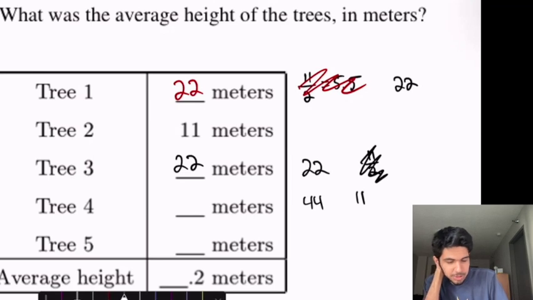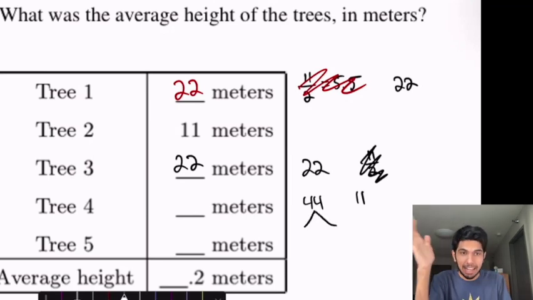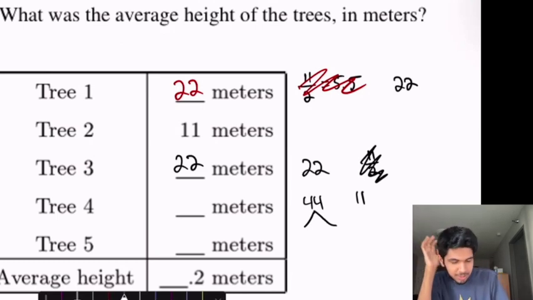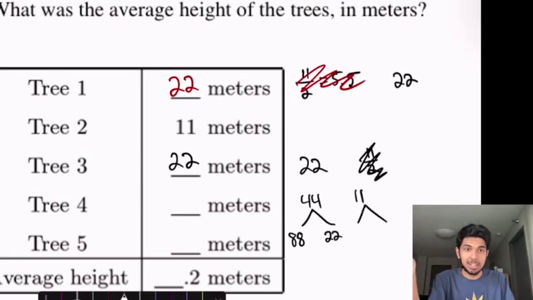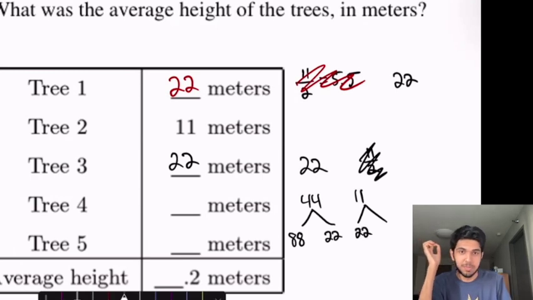So let's say tree 4 is 44 meters high. If tree 4 is half as tall as tree 5, then tree 5 would be 88 meters tall. If it's twice as tall as tree 5, then it would be 22 meters tall. For 11, if tree 4 is half as tall as tree 5, then tree 5 would be 22.